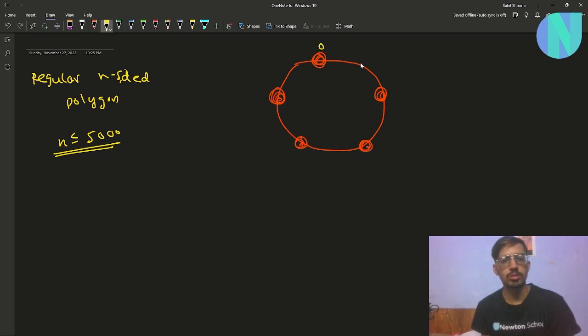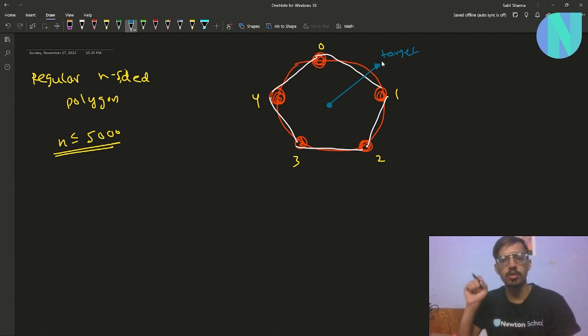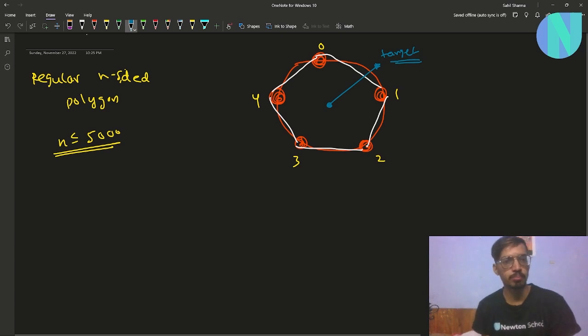Let's number them 0, 1, 2, 3 and 4, and there's a rubber band around these pegs, something like this. And then we have a smaller peg in the middle, right? Let's call it the target. So you are playing a game where you will remove some pegs, and whenever your rubber band touches the target, the game will end, right? So that is the game.